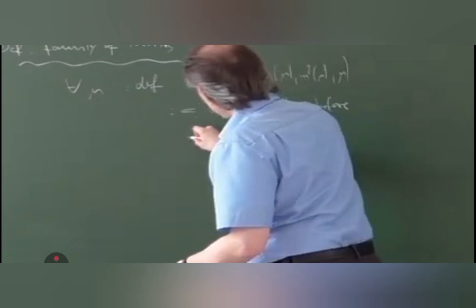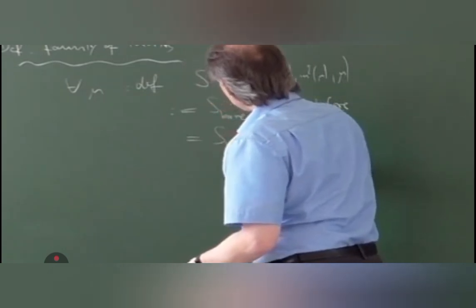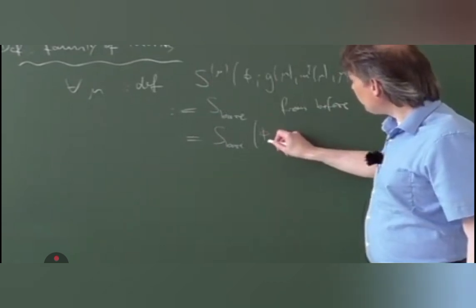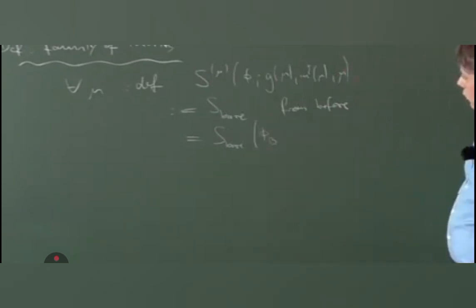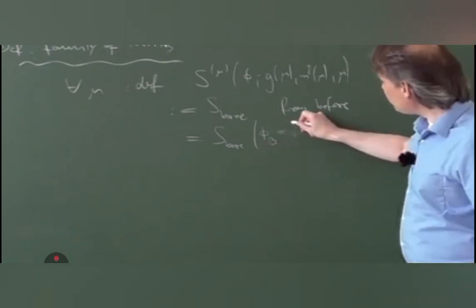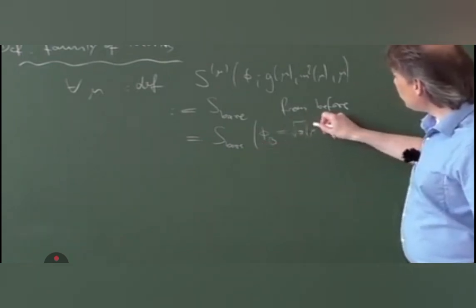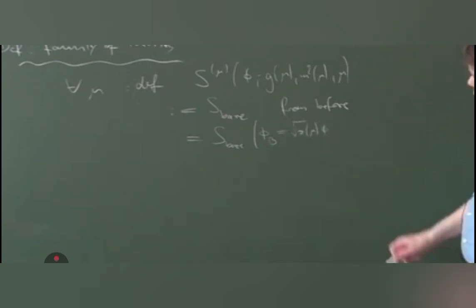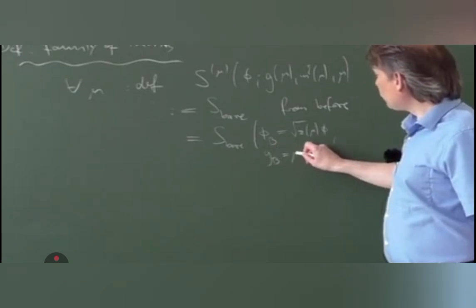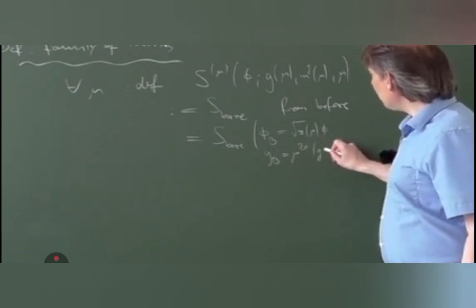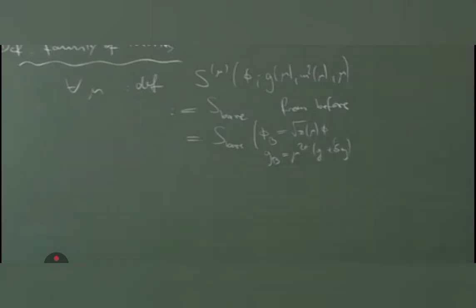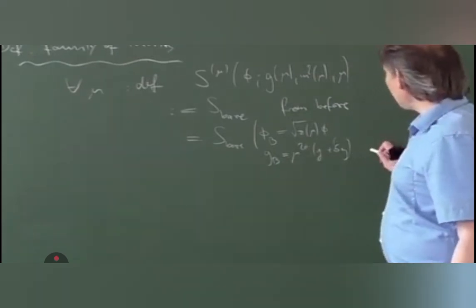And so we can write it explicitly. This bare action was defined as a functional of these very bare quantities. And so just to make it explicit, it depends really on this very bare field, which however is an abbreviation for square root of small z of mu times the renormalized field, and the bare coupling constant, which is mu to the 2 epsilon times g plus delta g, which is really a function of mu and g, and so on for the mass as well.